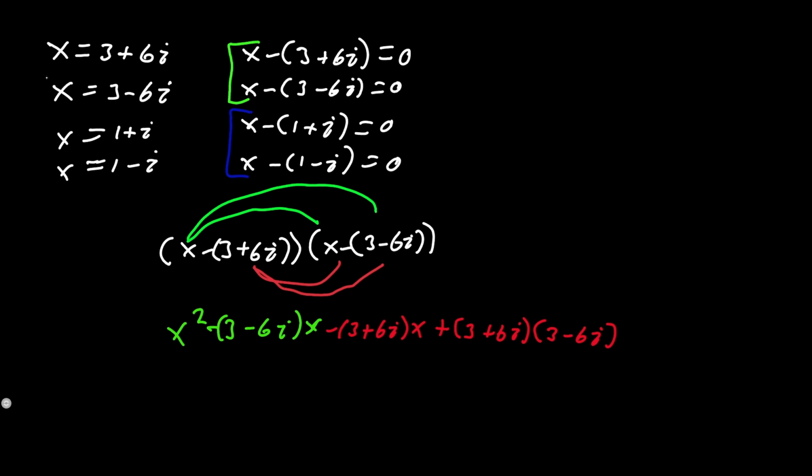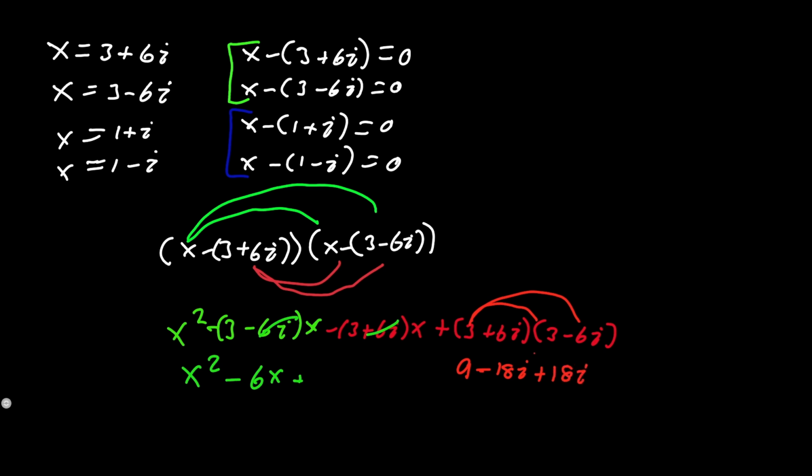Combining like terms first, we will end up with x squared minus 6x, because the imaginary counterparts will cancel out as they are conjugates. So we end up having minus 6x, and now we simply have to expand the conjugates. So 3 times 3 is 9, and 3 times negative 6i is minus 18i. And now we also have 6i times 3, which is positive 18i.